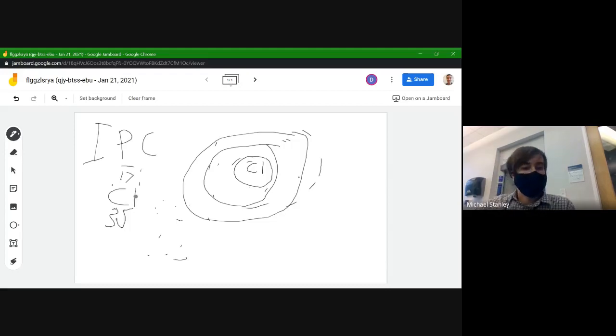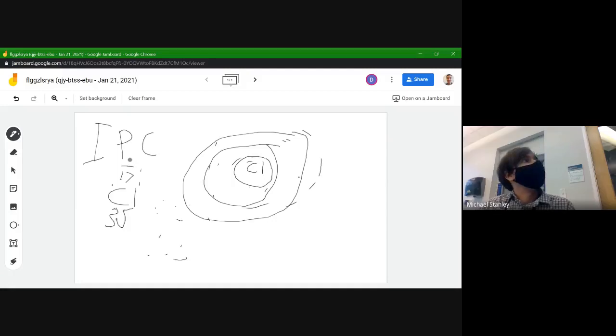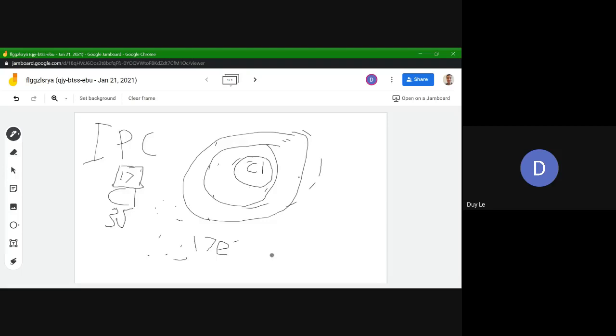All right. So first up, we've got to figure out how many electrons are in chlorine. 17, exactly. So the atomic number is 17, which means that we have 17 protons and 17 electrons.